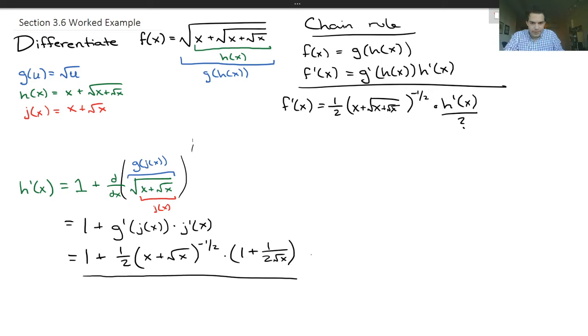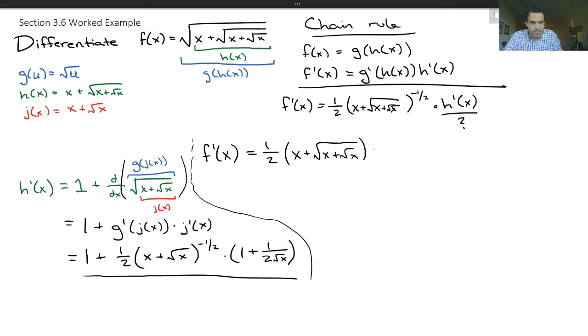So, like I said, it'll get a little bit messy, but let's finish writing our f prime of x all out as one big expression. F prime of x equals 1/2 x plus square root of x plus square root of x to the negative 1/2 power.